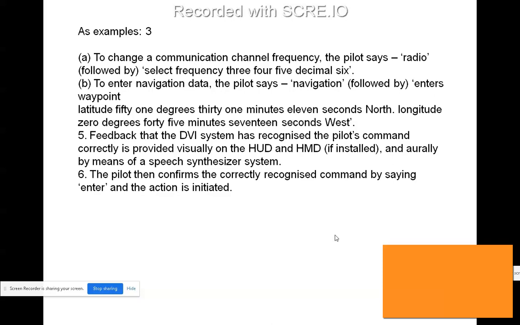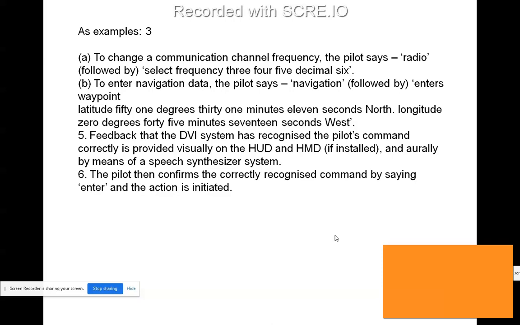Navigation means the direction the aircraft system has to travel, and that direction will be indicated by the voice message. Like this they will be entering it. For changing the frequency they will enter, like, radio select frequency 1234.